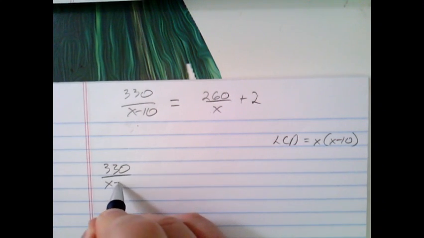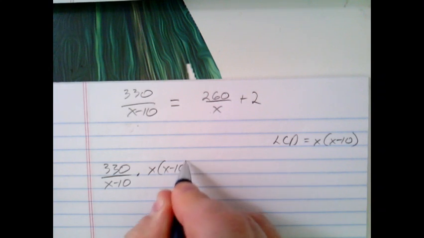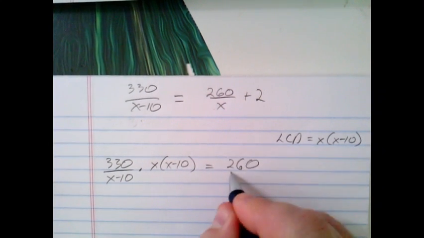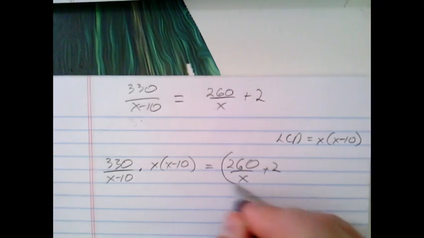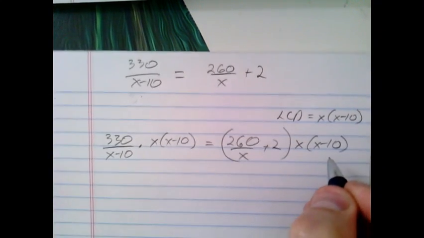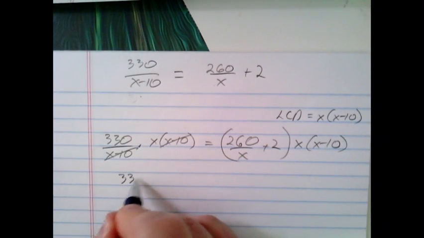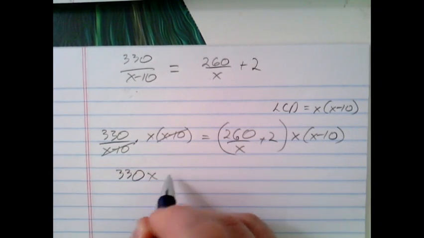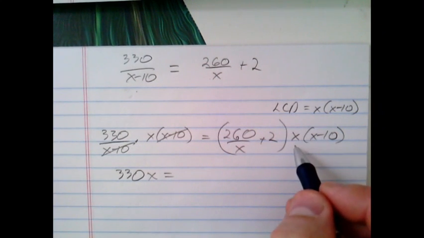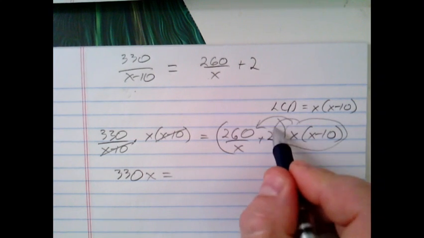So 330 over x minus 10 times x minus 10 equals 260 over x plus 2 times x minus 10. On the left hand side I've got 330x equals, now on the right hand side again, this whole thing has to go to both terms.